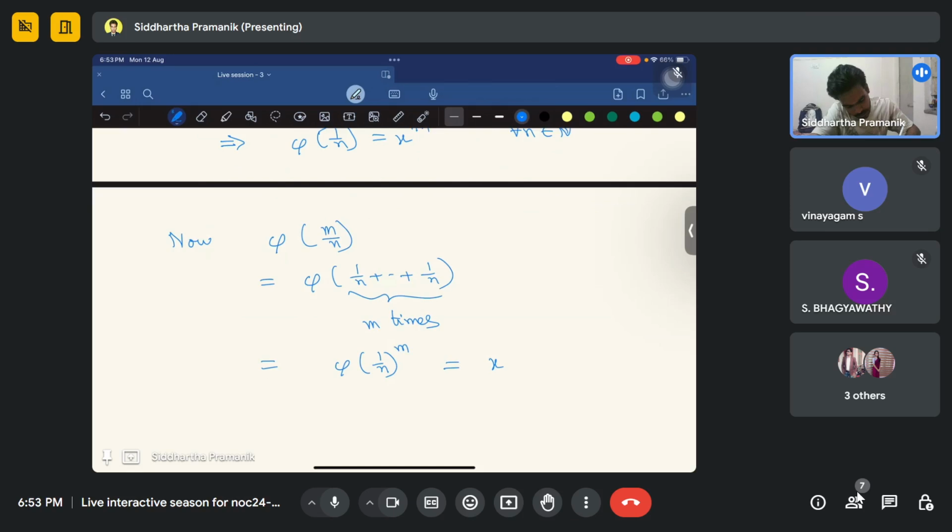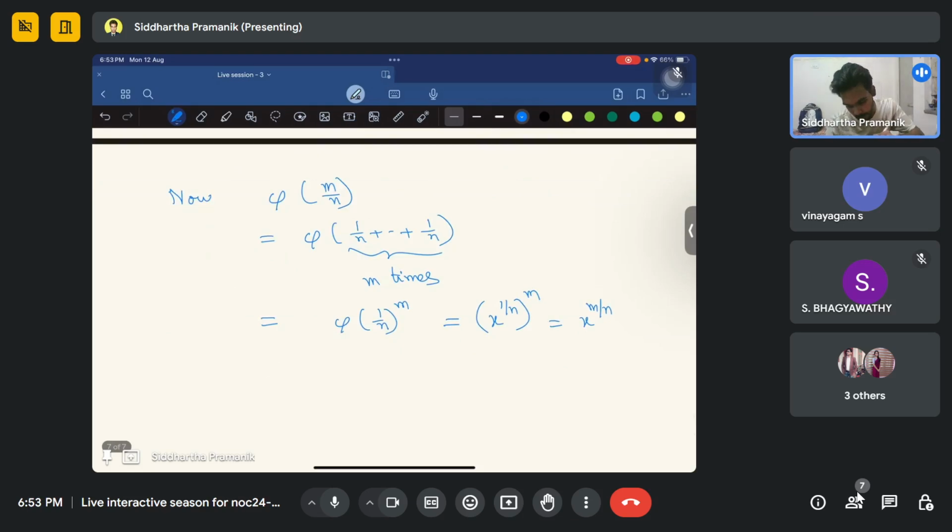So this is the same as x power 1 by n, whole power m. So this is x power m by n. Okay, I hope this is clear. So we have found the image of every rational number, and it is exactly of this form. So phi of m by n is equal to x power m by n for all m by n belonging to Q.